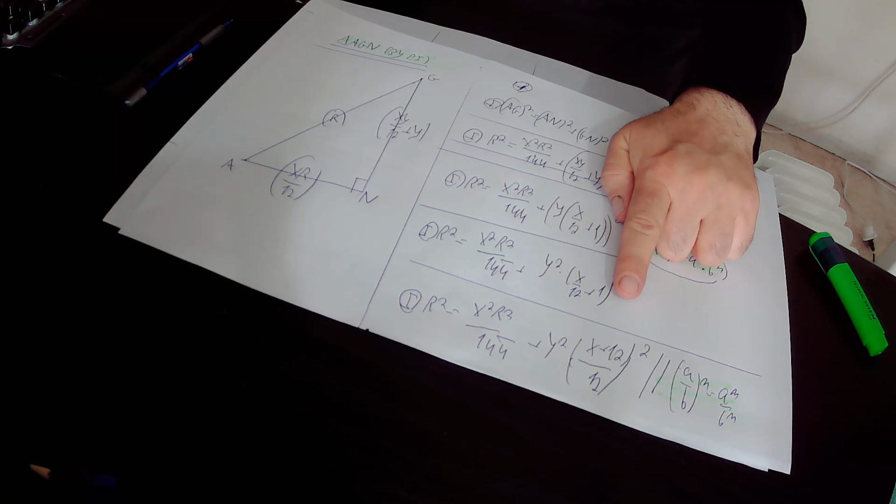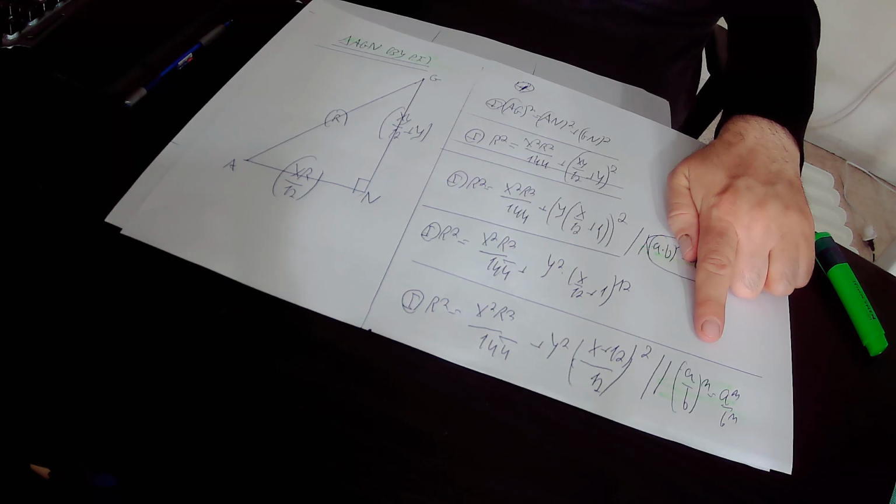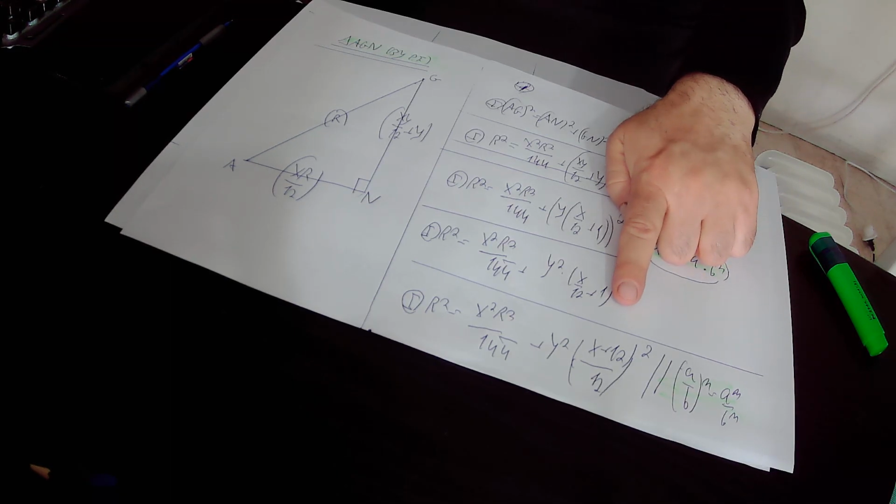We know that according to the algebraic identity that a over b to the power of m equals a to the power of m over b to the power of m, this expression x plus 12 over 12 squared will be equal to x plus 12 squared over 12 squared.